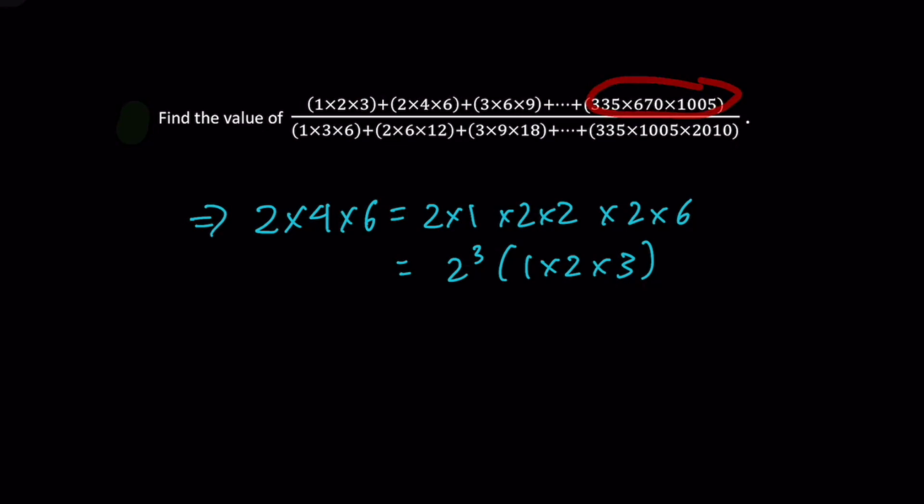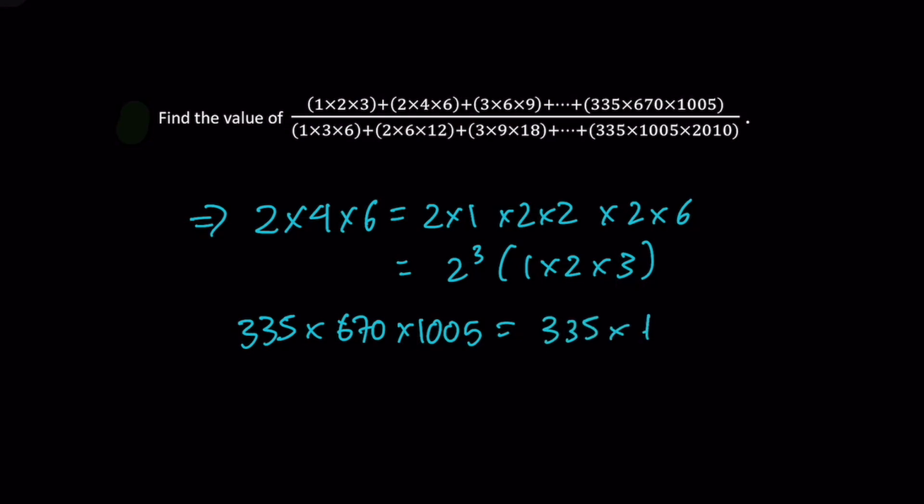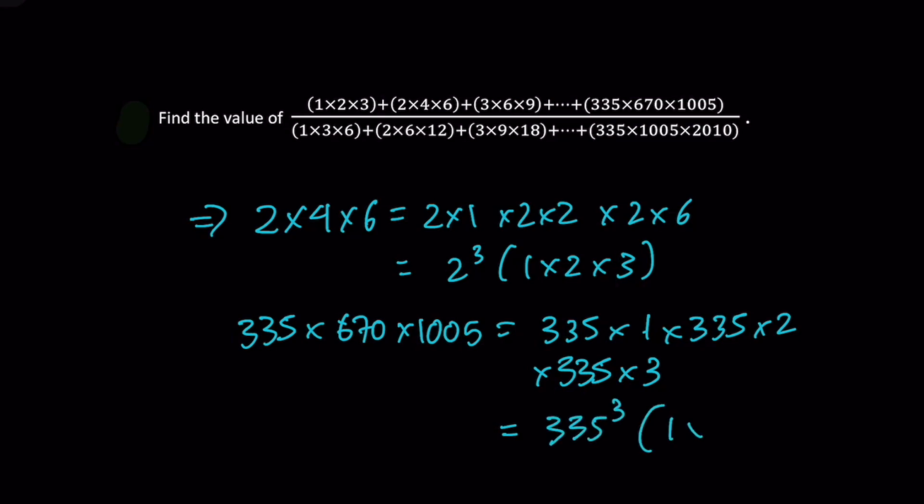Or for the last one, 335 times 670 times 1005 is 335 times 1 times 335 times 2 times 335 times 3. Also 335 power 3 times 1 times 2 times 3.